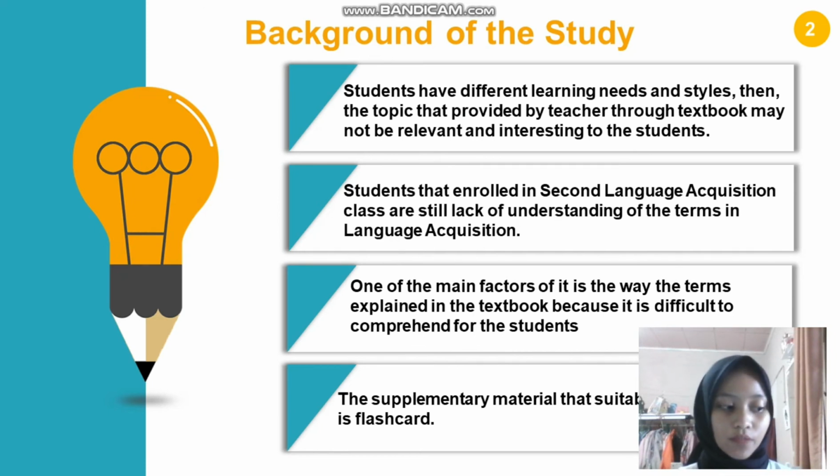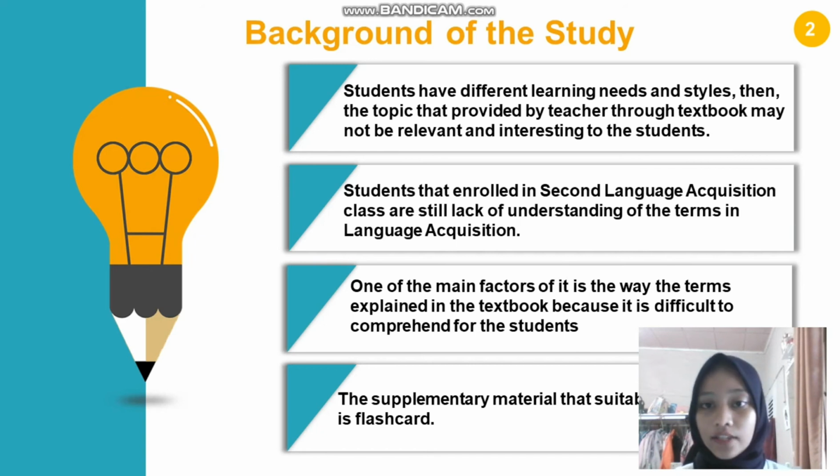Also, in a teaching situation, we might face students with different learning styles and learning needs, and sometimes the textbook provided by the lecturer or the teacher may not be relevant and interesting to the students. Moreover, according to Riasati and Zero 2010, textbooks limit and restrict students' creativity.